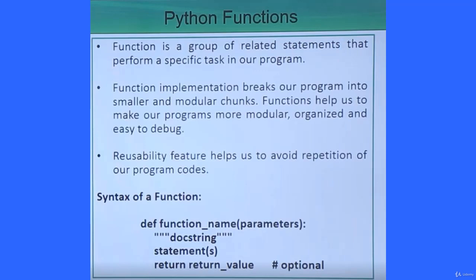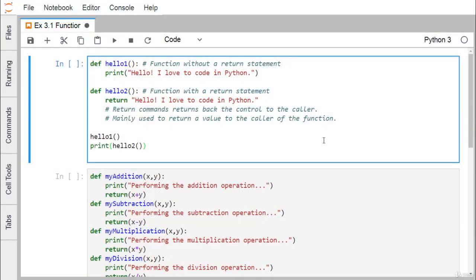Let us go for one practical demonstration to show you how to write these functions in Python with some sample coding. In this session, we are going to discuss functions. In Python, the function name should be defined using the keyword def, followed by the function name.